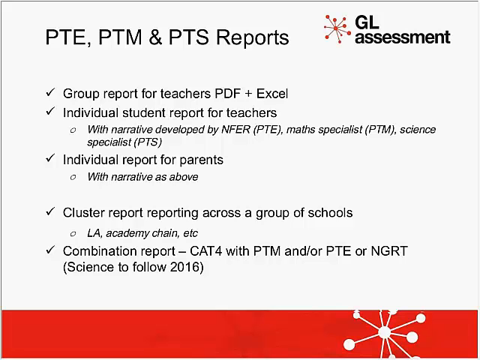A combination report comes very much back to the idea of that model of assessment, and that is we really want to encourage these attainment assessments to be used alongside ability.